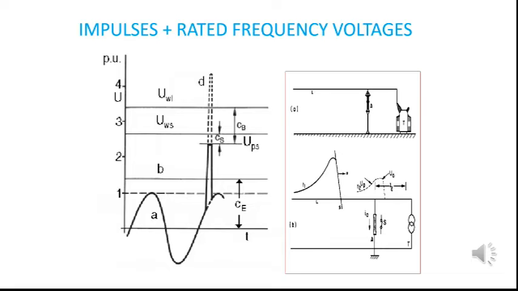If you look to the left side of the figure, you have the rated voltage sinusoid, which is curve A in this figure, and superposed to it, you see the impulse which is coming.